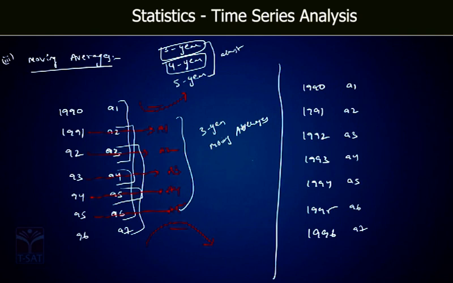In the same way, here we have to consider 5 values A1, A2, A3, A4, and A5, find the average and assign that average value to the middle year, that is 92. In the same way, calculate the average of the next 5 numbers, A2, A3, A4, A5 and A6. The middle value for that is 1993, that is A2, the average. Same way A3.